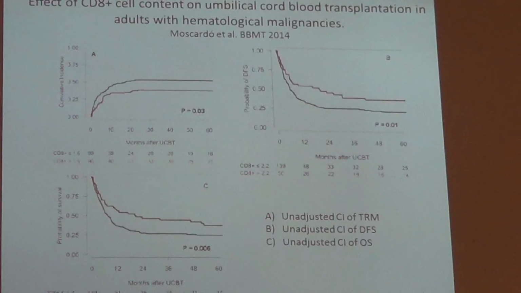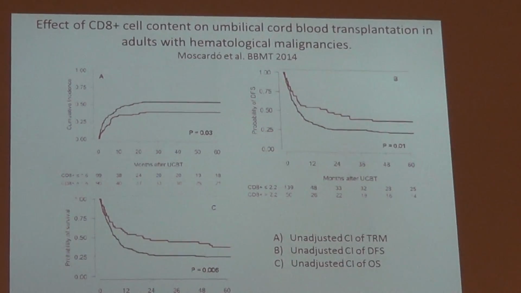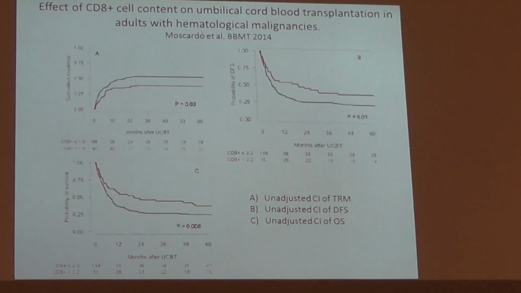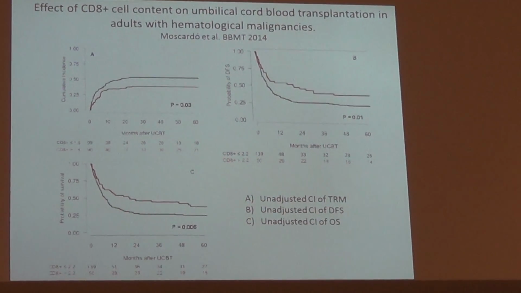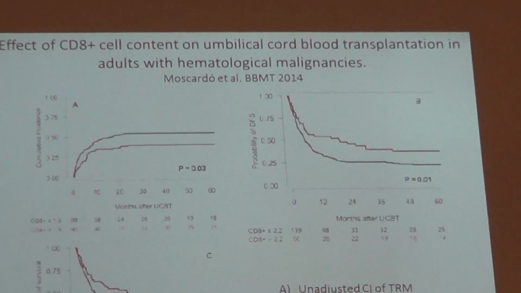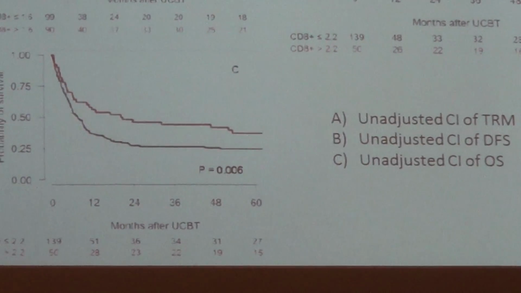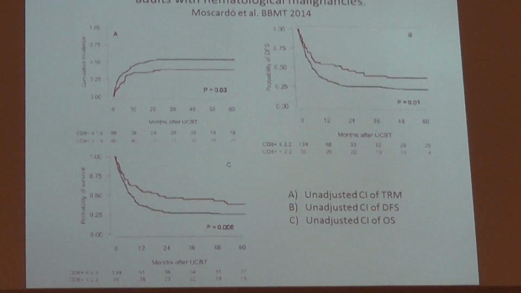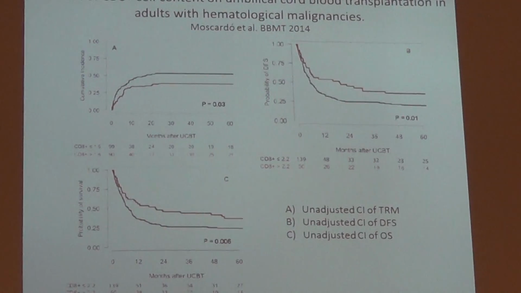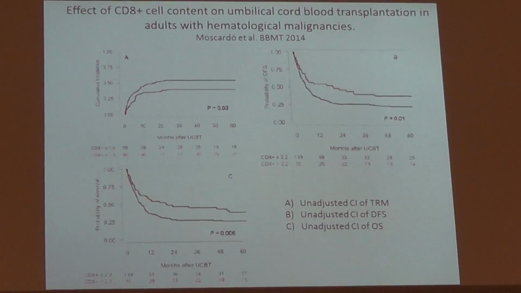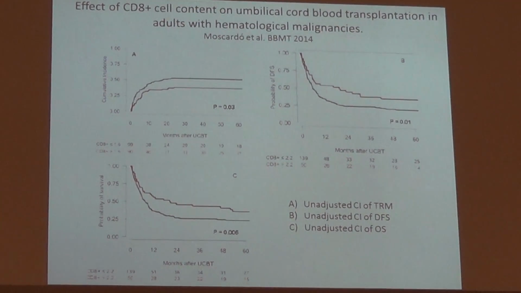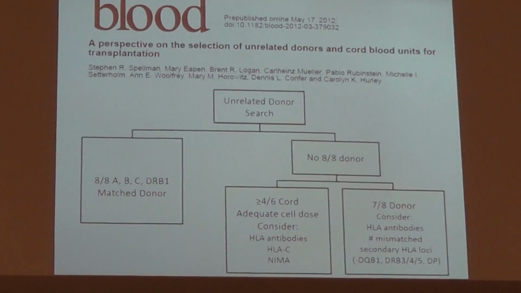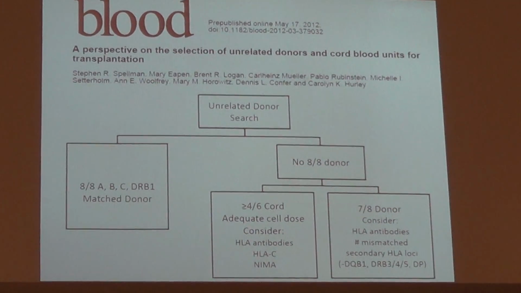And particularly in Spain, the Valencia group recently published in Biology of Blood and Marrow Transplantation that in a setting where you infuse a sufficient number of CD34 cells, the overall content of CD8 in the cord predicts a better outcome. So we are still learning in cord things that are apart from HLA, that are in the biology of the product, that may help us have a better outcome with this transplantation.